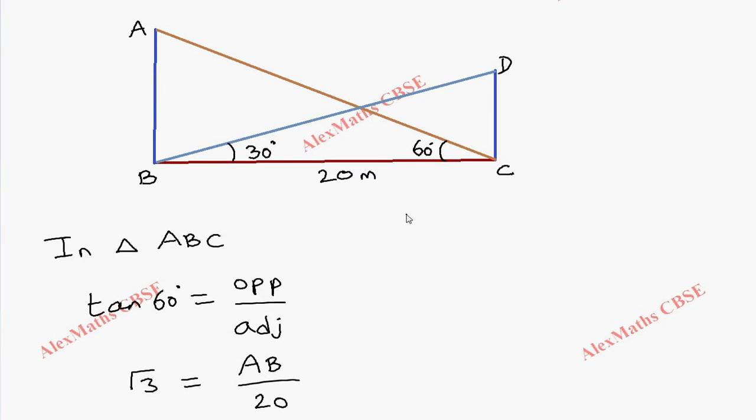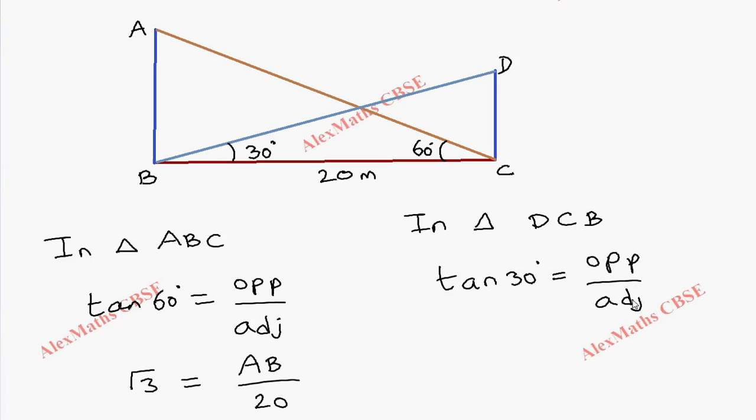The same way, let's take in triangle DCB. We have 30 degree. So tan 30 degree is as usual opposite by adjacent. So 1 by root 3 equal to opposite is CD and adjacent is 20.